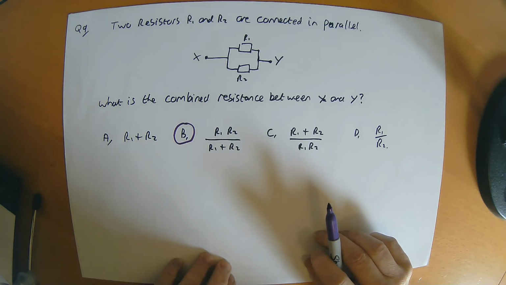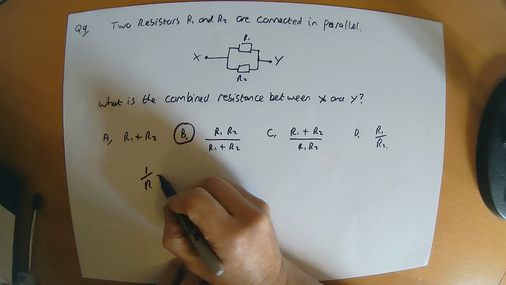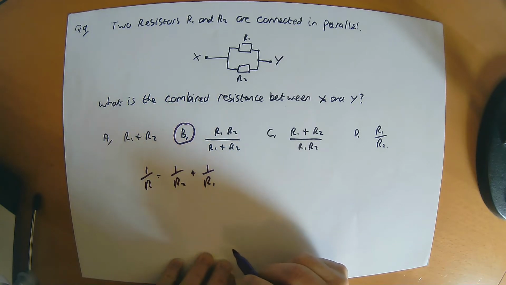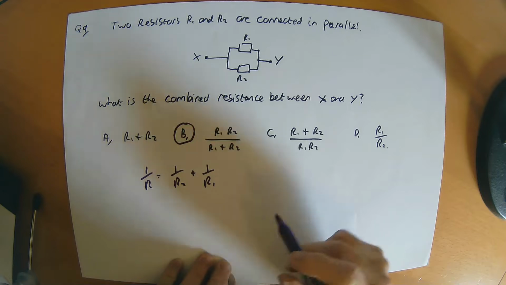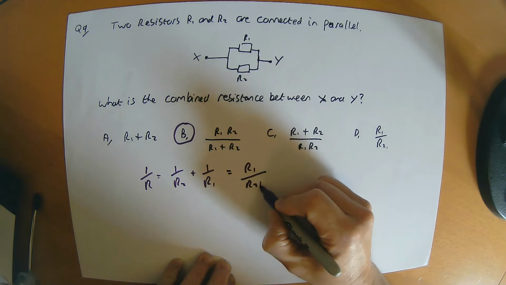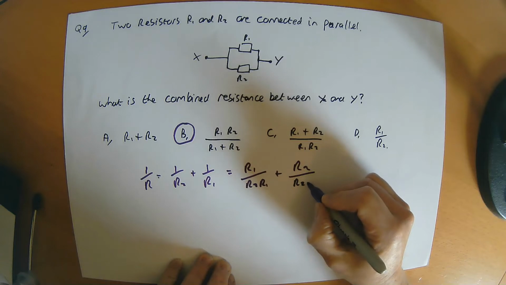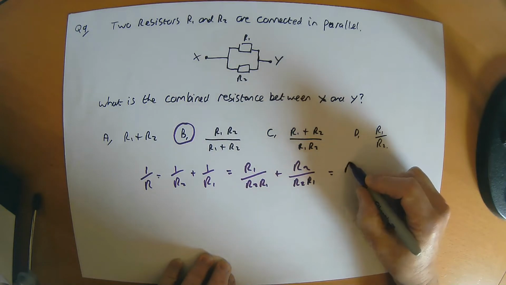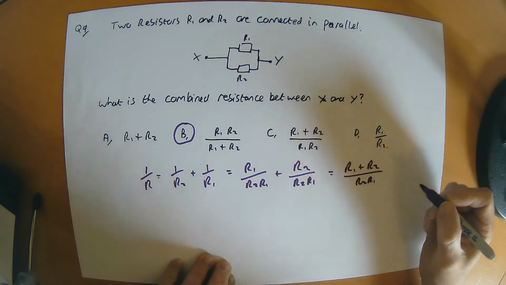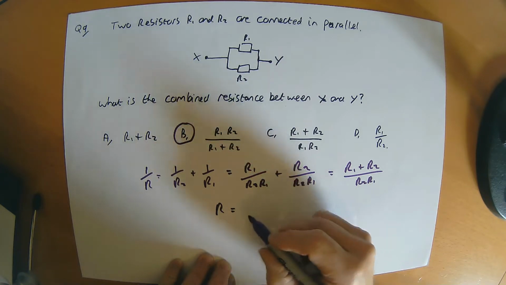It doesn't take a moment though to show why it's the right formula. So if we have 1 over R equals 1 over R2 plus 1 over R1, and then I've got it this way around because we can then rewrite it as R1 over R2 times R1 plus R2 divided by R2 times R1, which is equal to R1 plus R2 divided by R2 R1 or R1 R2, and that's therefore R is equal to the inverse of that.